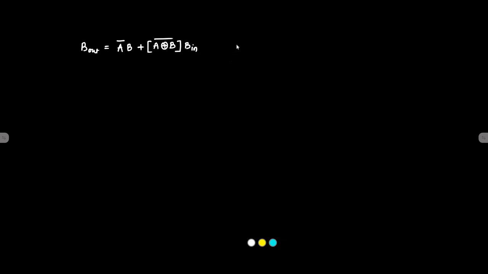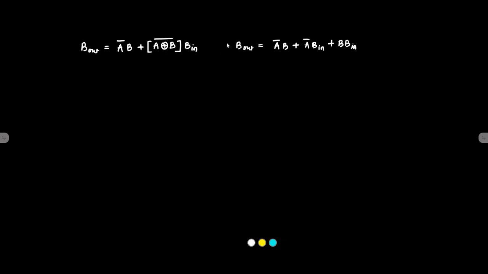Now the borrow output can also be expressed, in the simplified form, as A bar B or A bar Bn or B Bn.